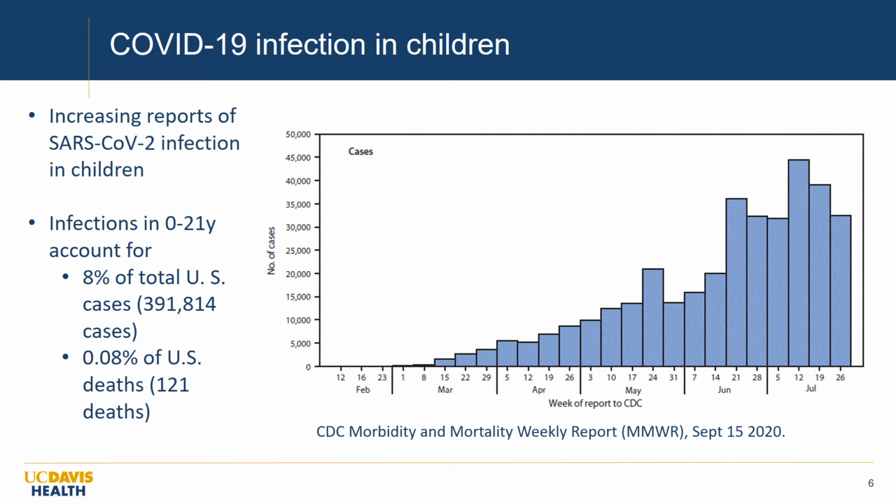And so at this point, infections in patients aged 0 to 21 account for about 8% of total US cases, which is in total 391,000 cases. Unfortunately, only 0.08% of US deaths, and so to date there have only been 121 pediatric deaths due to COVID.